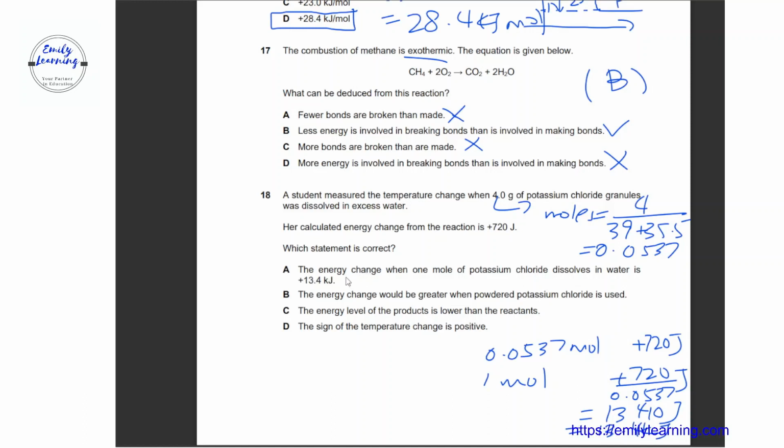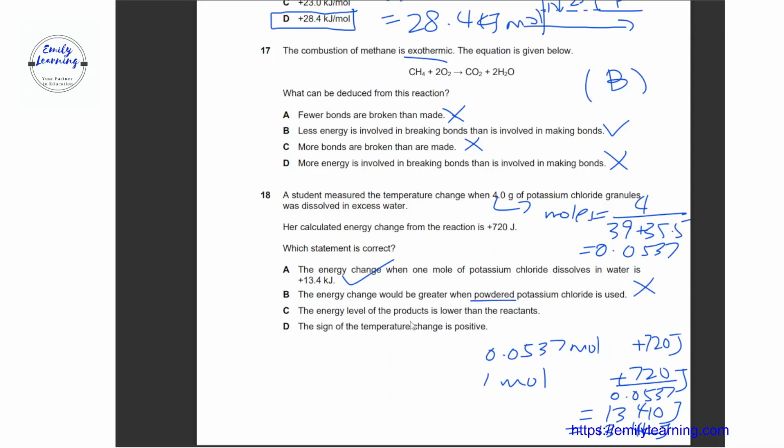So 18 is correct. The energy change will be greater when powdered potassium chloride is used. No, when you use powdered or granules, it only affects the rate of reaction. It doesn't affect the heat change. The energy level of the product is lower than the reactant. This is an endothermic reaction.